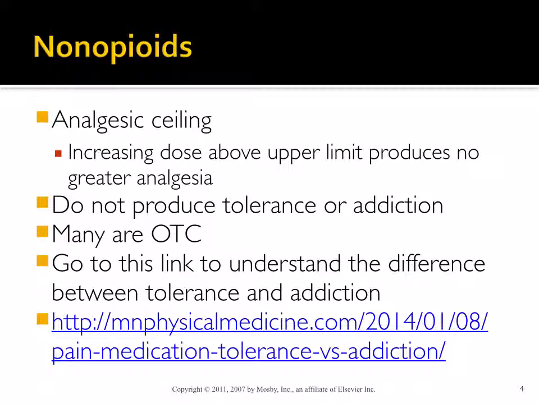These non-opioids are not famous for producing tolerance or addiction. Many of these you can find over the counter, and most of these over-the-counter analgesics do not have any serious problems related to drug interactions, side effects, or overdose as you'll see in opioid analgesics.